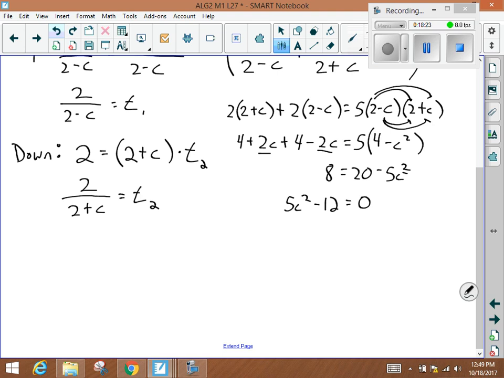But this isn't factorable. So I'm going to go ahead and go backwards and add 12 to both sides. Divide both sides by 5. And then take the square root of both sides. Oops, that should be 12 fifths.